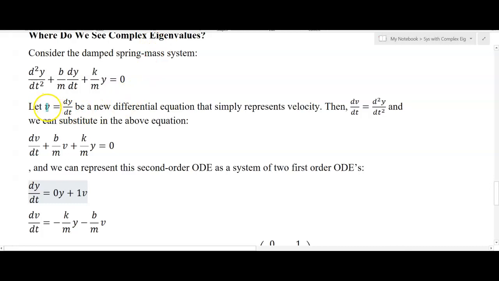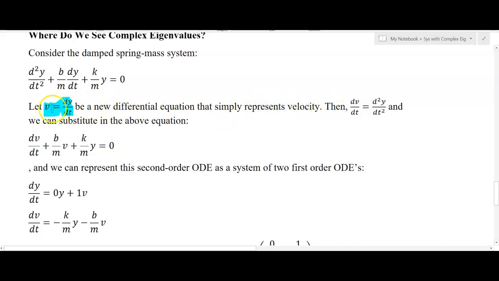We're going to create a new dependent variable called v, and we're going to assign it dy dt. So basically all we did was assign the velocity of the spring mass system to a variable called v. Let v equal dy dt be a new differential equation that simply represents velocity.